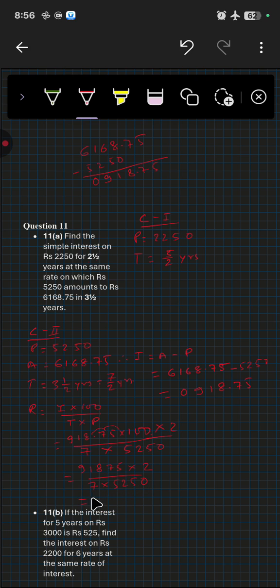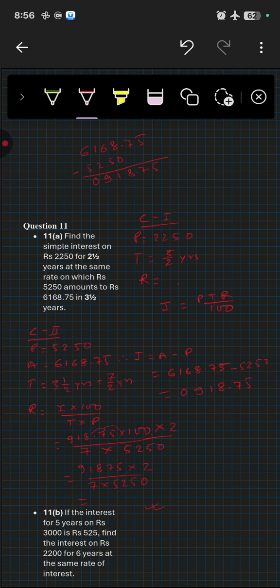So you reduce it and you get the answer. The rate you will keep over here, and then you will find out the simple interest. Interest is equal to PTR by 100.